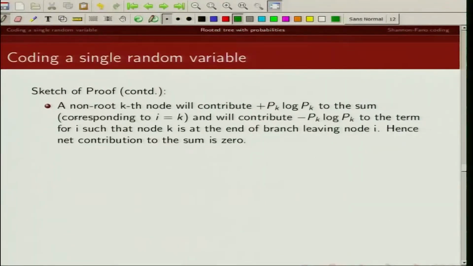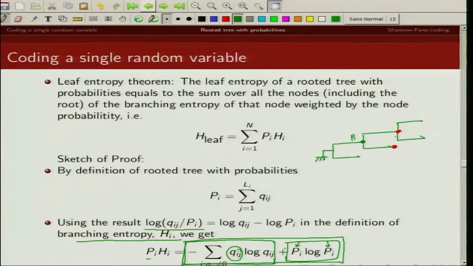If you have a non-root kth node, it will contribute a term corresponding to pk log pk to this sum which I just mentioned. So there will be one contribution due to the probability at the node, which is pk log pk, and the same node will contribute minus pk log pk to the term.